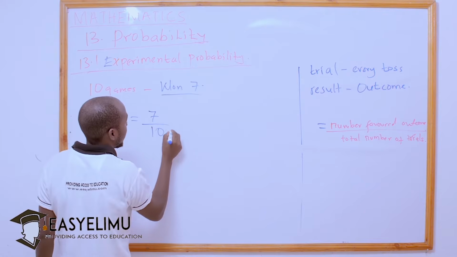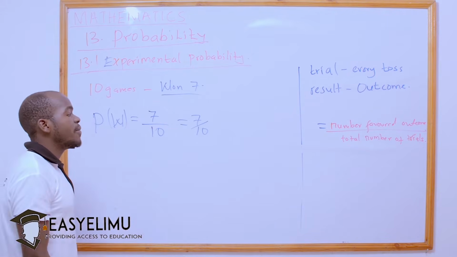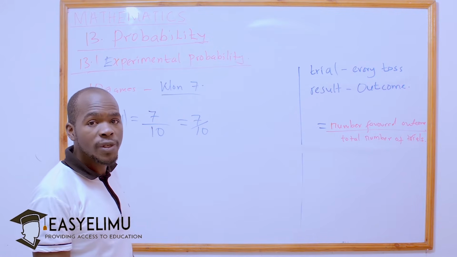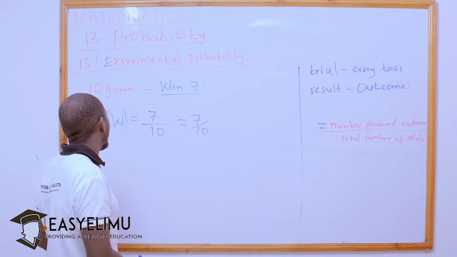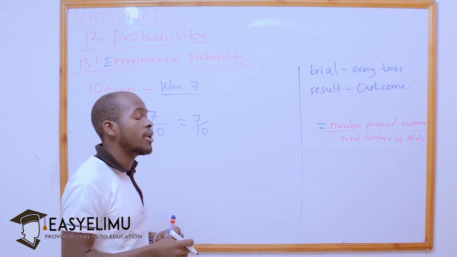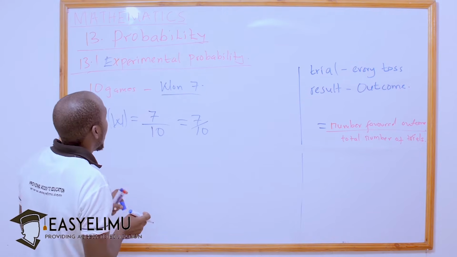So it will be over 10, and the probability of winning is 7 over 10. The probability of either drawing or losing would be 3 over 10, but here we were told only the probability of winning.